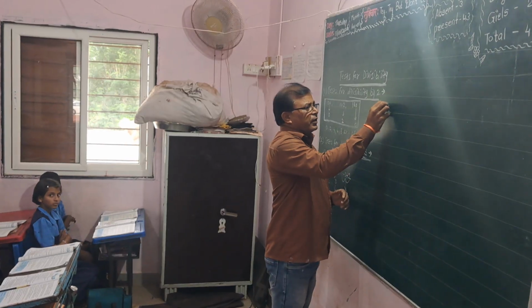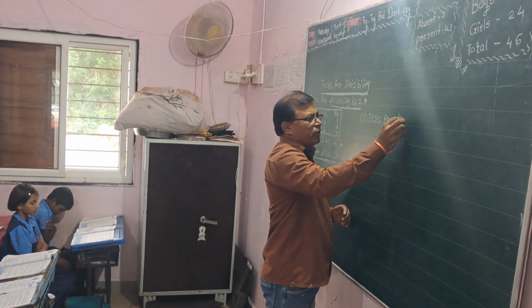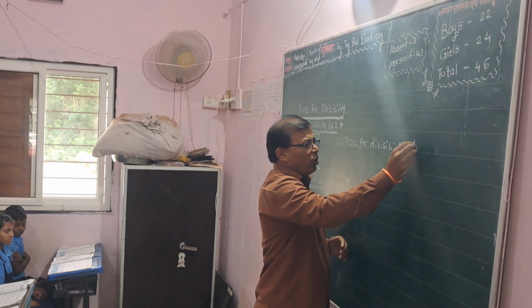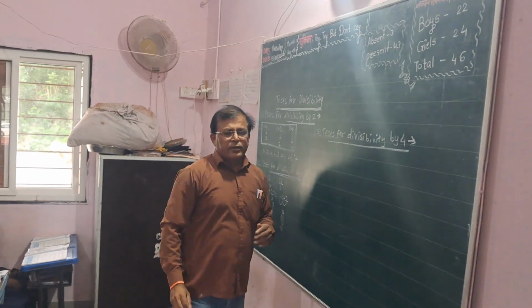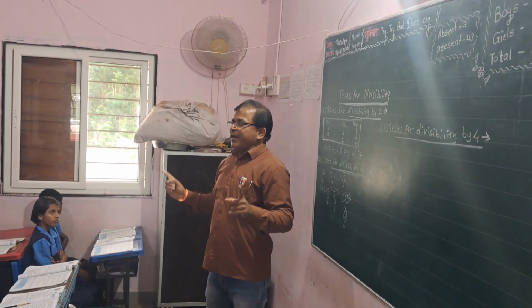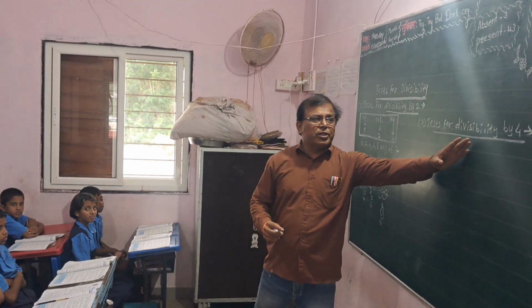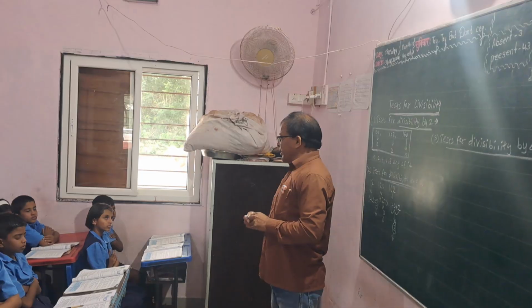Number 3, test for divisibility by 4. Now in this test, fit in your mind that for the test for divisibility by 4, only 2 digits are important.